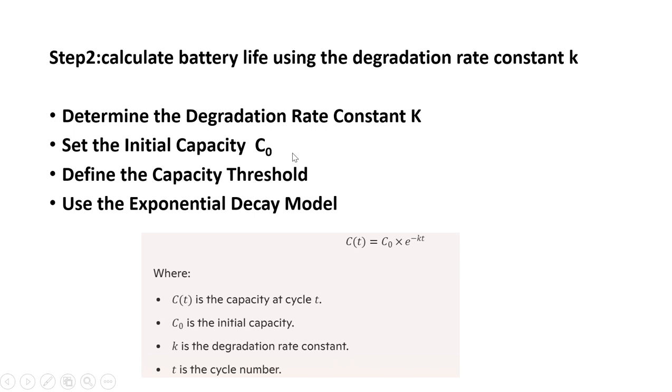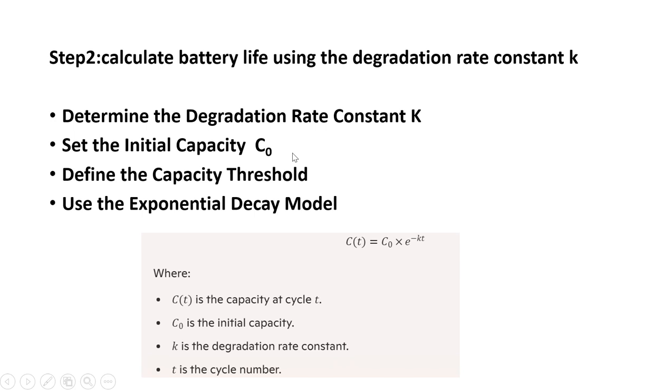Generally the initial capacity is 100% for new batteries, and we have to define the capacity threshold. The capacity threshold is the percentage below which the battery is considered dead. We use the exponential decay model, C of t equal to C naught times e raised to minus kt. By rearranging this equation, we will get the battery lifetime t.